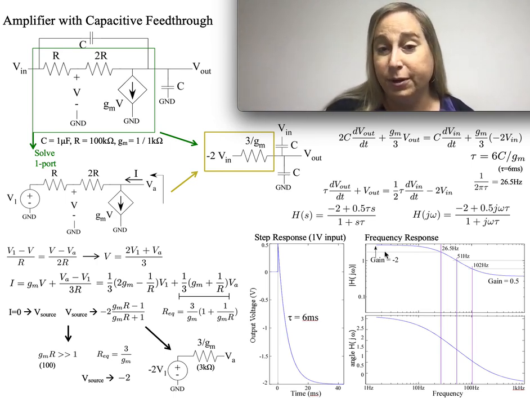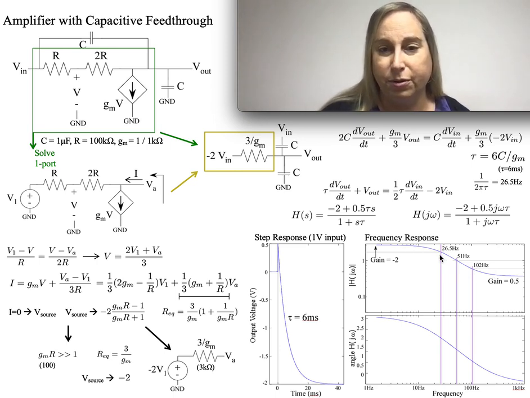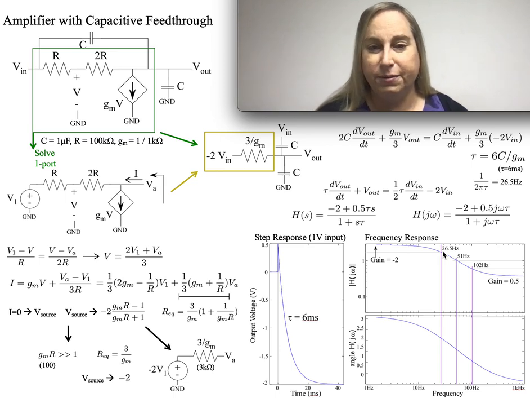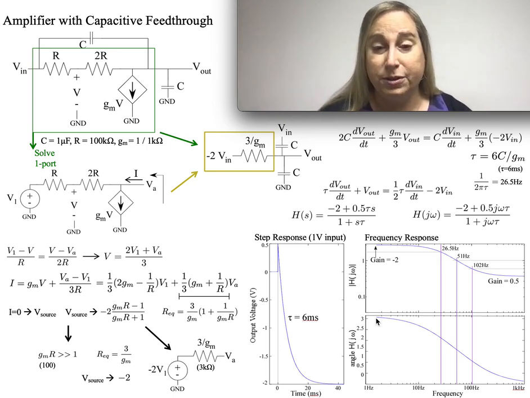Interestingly enough, you look at the frequency response, you do see at low frequency it's minus 2, going all the way to 0.5. And so this works out very nicely with the different corners all the way through. The corner frequency at 26.5. Notice also something else here on the phase, that the phase starts at pretty close to pi, and a pi phase means that I've got basically a minus sign.